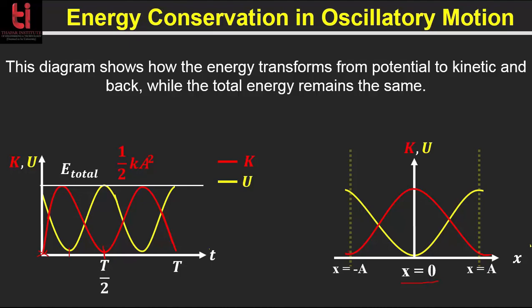And at the two limiting positions, that is x is equal to minus a and x is equal to plus a, for the compressed position and the extended position of the spring, the energy is all potential. However, the total energy, that is the sum of the kinetic energy and the potential energy, will remain constant with time.